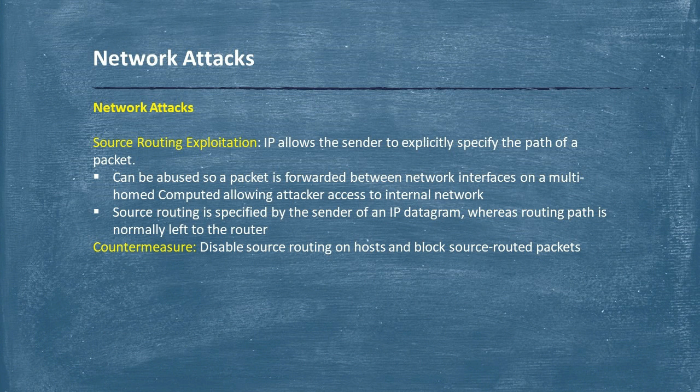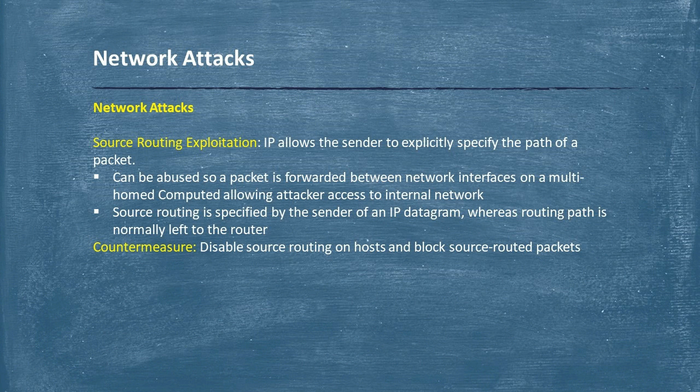That is the purpose of the organization, but the attacker uses the other NIC to intrude the host. Source routing is specified by the sender in an IP datagram. A datagram is a packet, whereas the routing path is normally left to the router. Normally, the routing path is decided by the router, but now the user has an option to specify it.